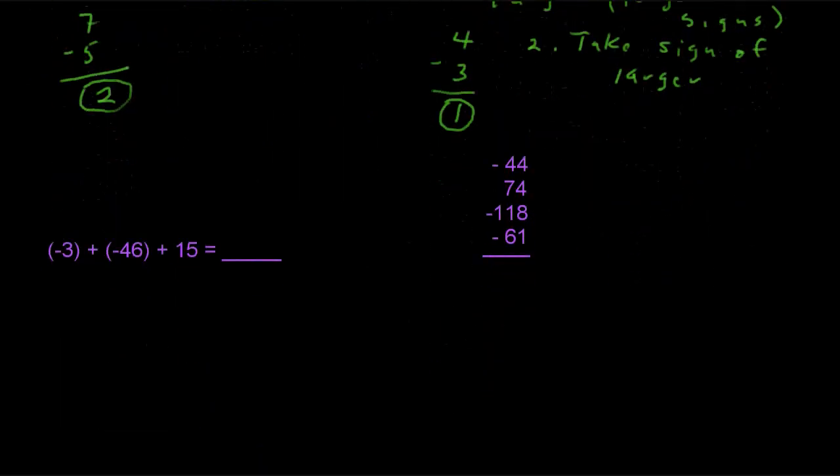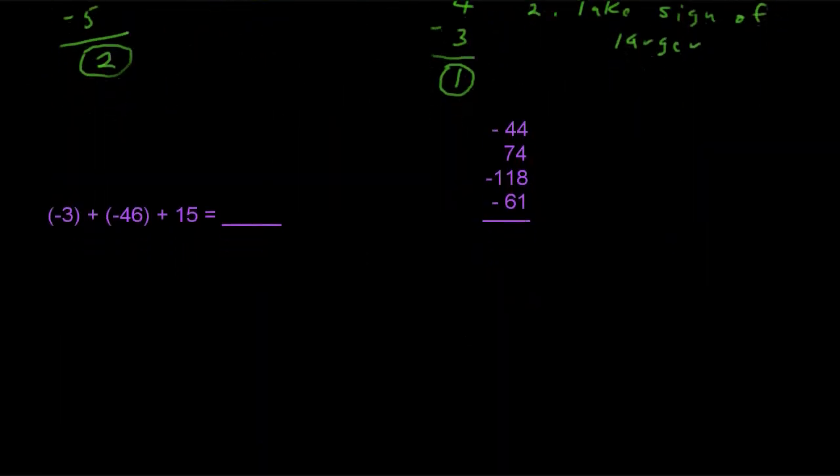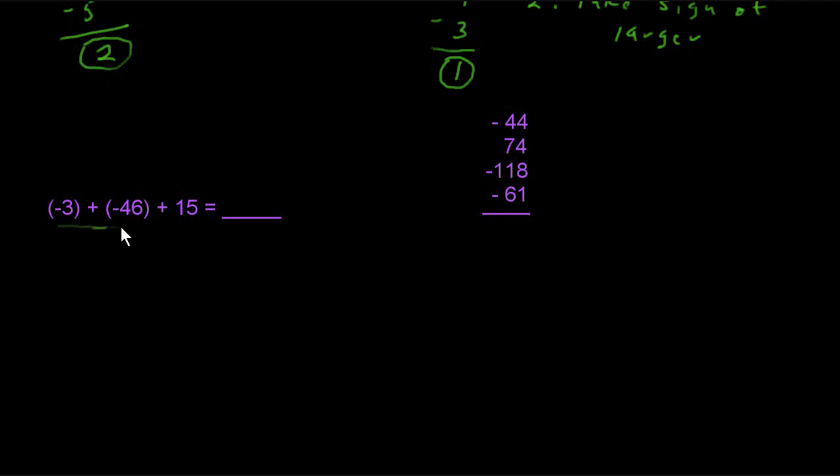Next, we'd like to look at a problem that has more than one integer, and we just take 2 numbers at a time. So let's take the first 2. The signs are the same, so we just add them, and we get 49. We take their common sign, which is negative. And to that, we just bring down the next number, positive 15.